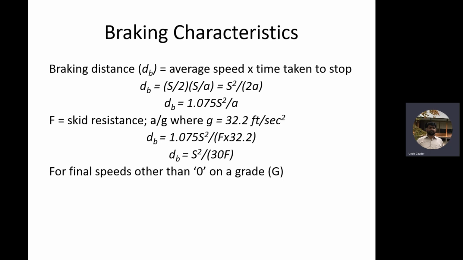If you multiply, you get s square upon 2a. Then you see they have further modified it, and now it is dB equals 1.075 s square upon a. So what is this now? 1.075.